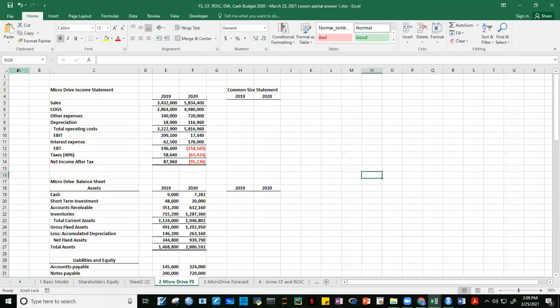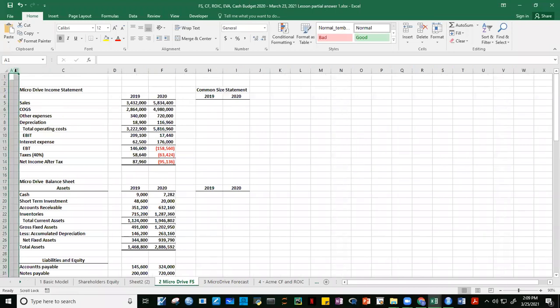Okay, with a common size statement, guys, you convert everything into percentages and then benchmark it against a particular value. So it's percentage of what? Okay, so common size, let me write it here.